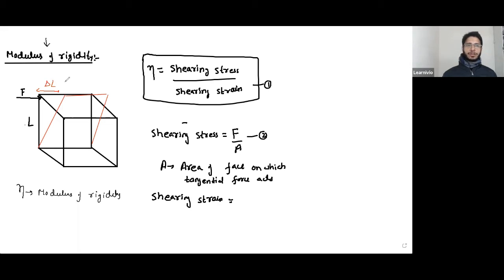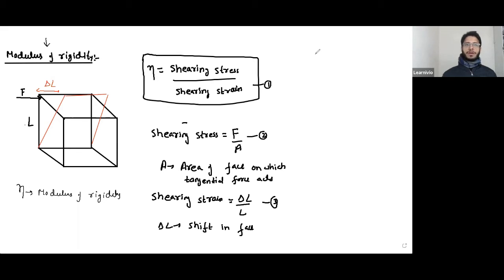Similarly, you can also calculate shearing strain. The shearing strain is the ratio of change in length divided by the original length, delta L by L. This delta L is actually the shift in the face. The length by which the face shifts is delta L. That is equation number 3.